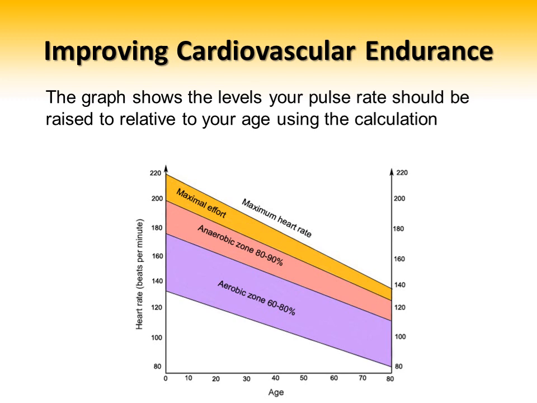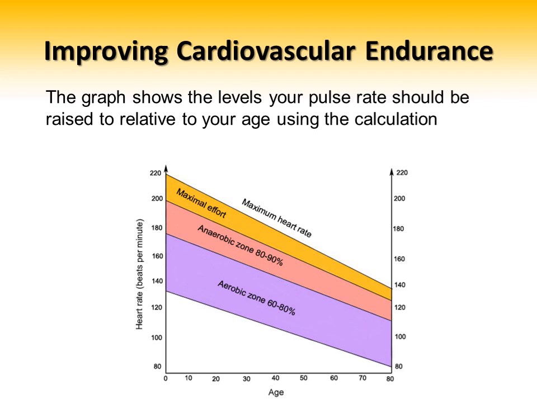On the right hand side it's the same. At the bottom we have age, and in between we have the graph that has a negative correlation between how old you are and how high your maximum heart rate is.